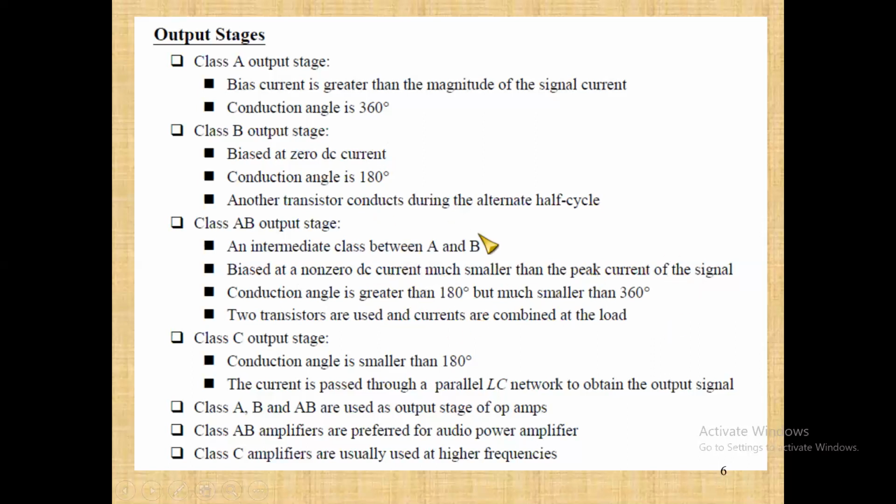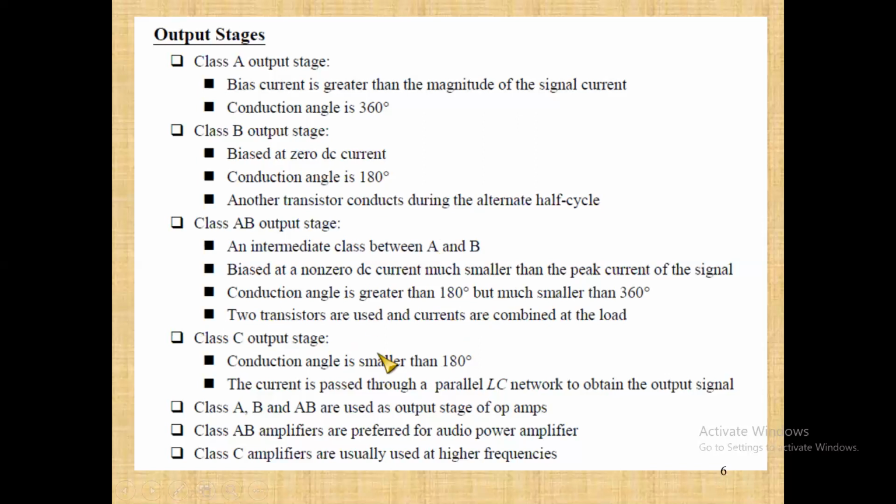This comes into picture because the transistor needs a minimum VBE to conduct. Because of this, the transistor is made to conduct a little more than 180 degrees, since the transistor needs more than the cut-in voltage, so to say, the minimum value of VBE voltage.